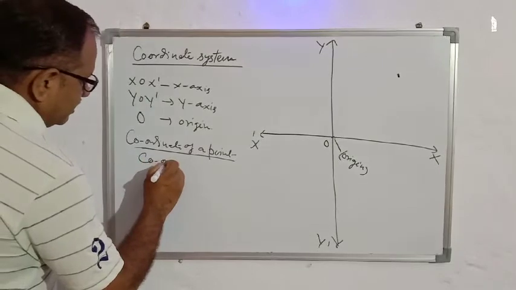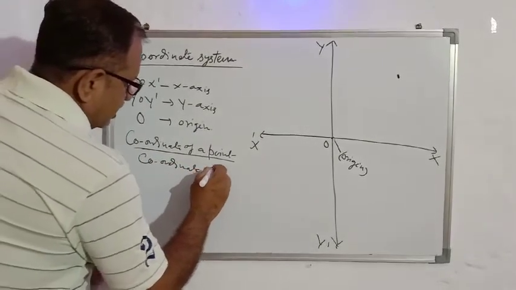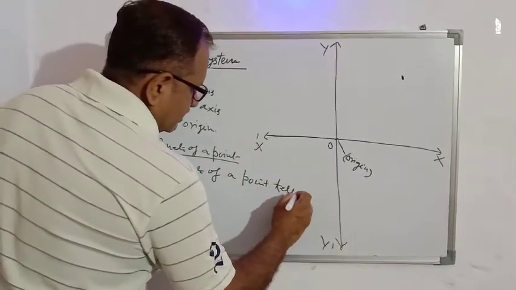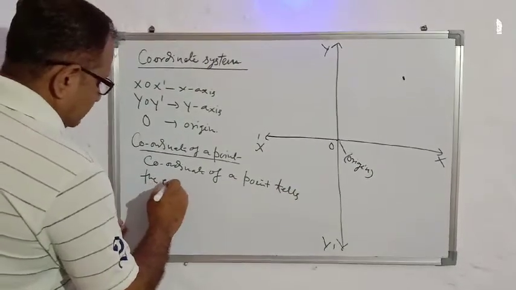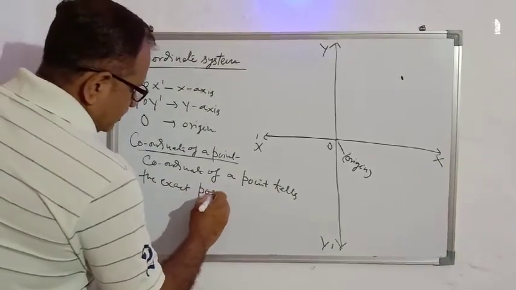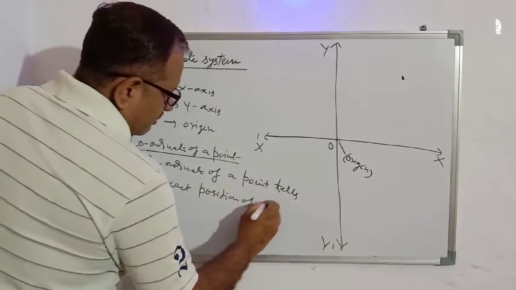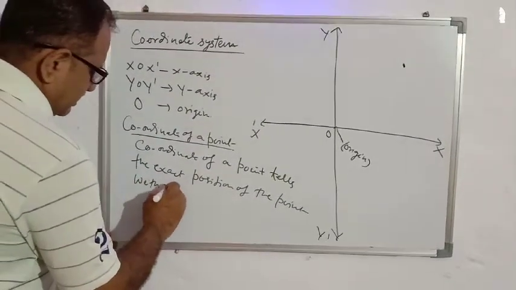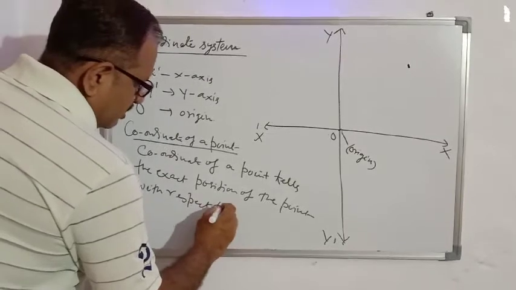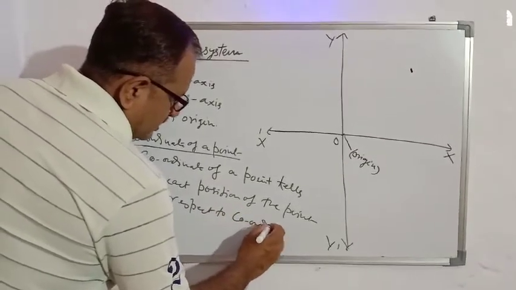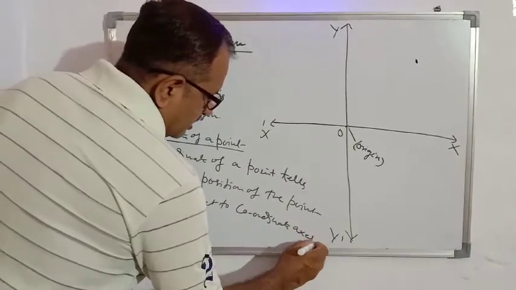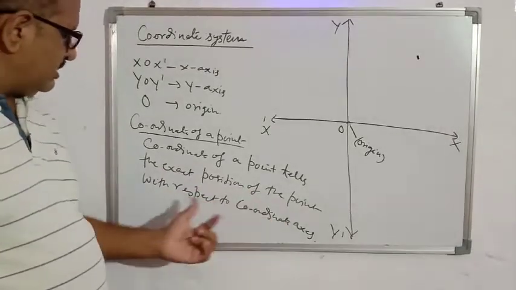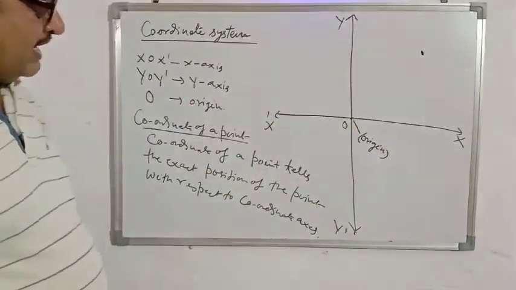So we can write: the coordinate of a point tells the exact position of the point with respect to the coordinate axes.